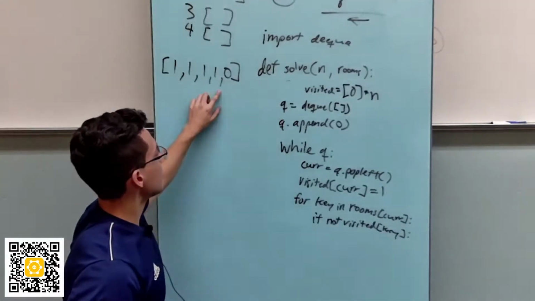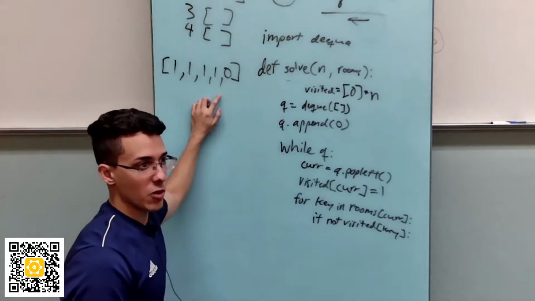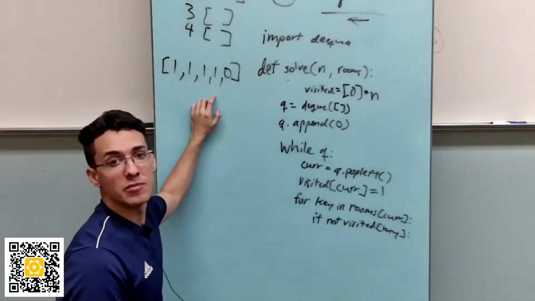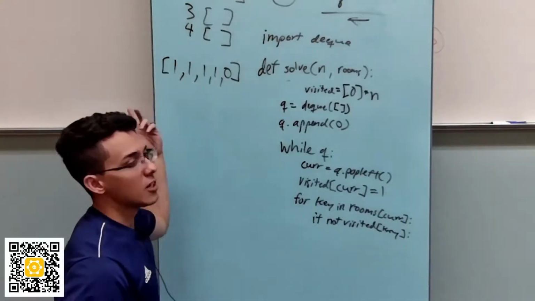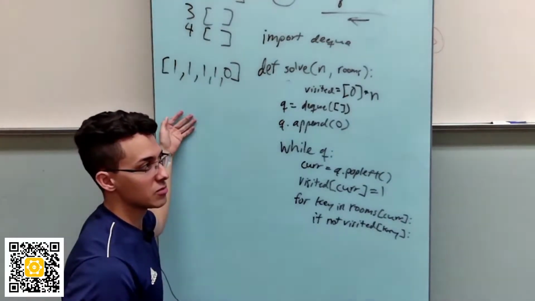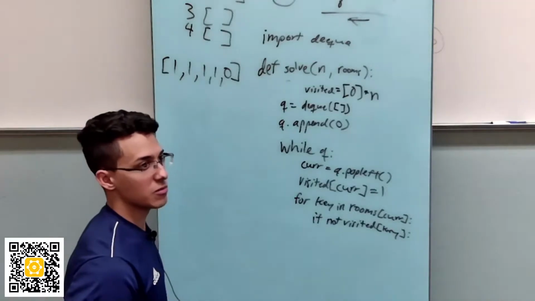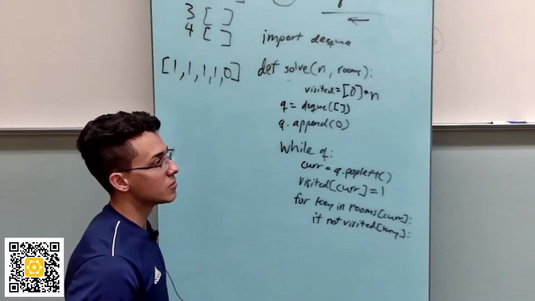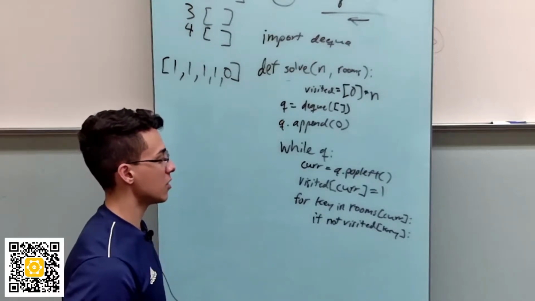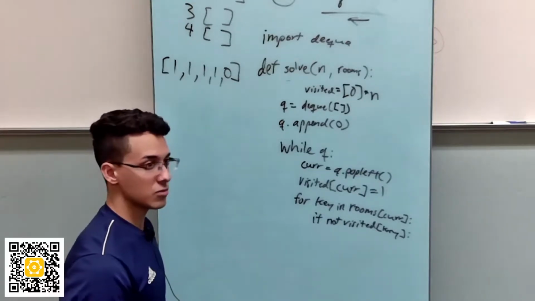Since notting a 0 makes it a 1, and notting a 1 makes it a 0. Actually, notting any number makes it a 0, and notting 0 makes it a 1. 0 is false. Yeah, 0 also means false, because it hasn't been visited.